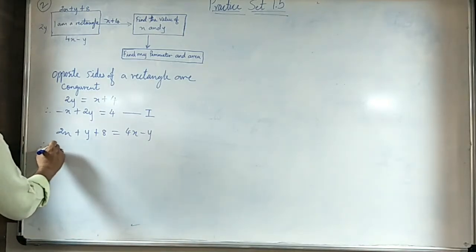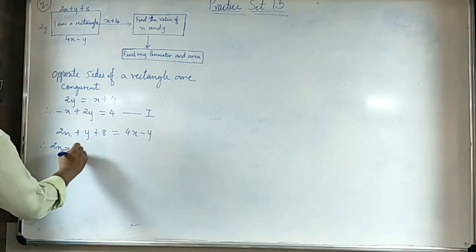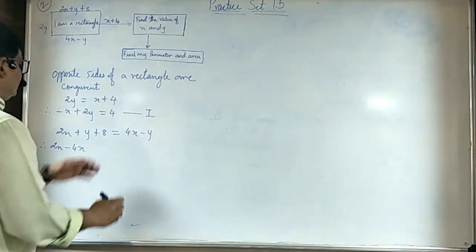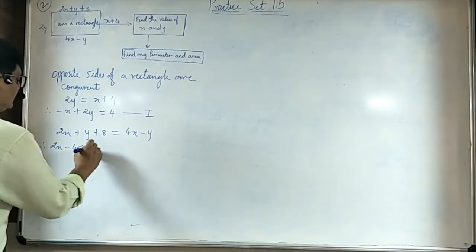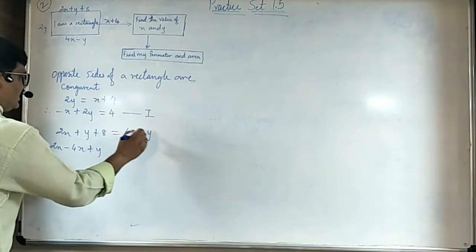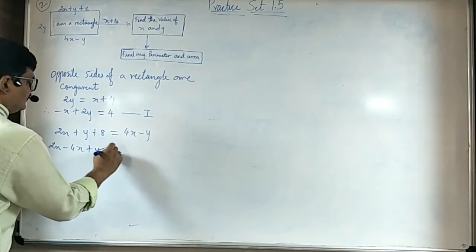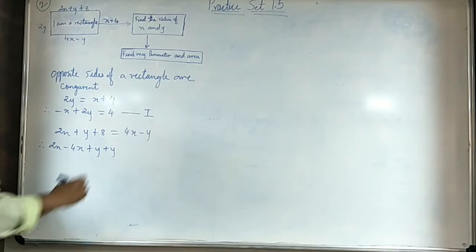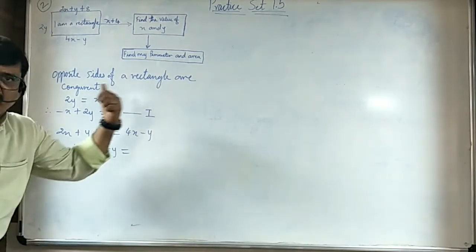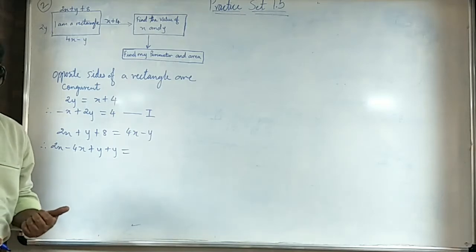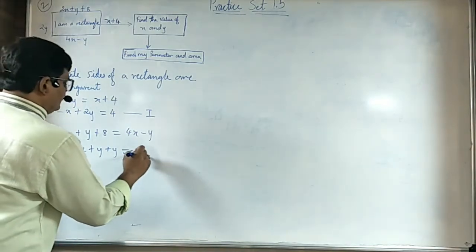So therefore it will be over here 2x and minus 4x. Can you see 4x on the right hand side? It will come to the left hand side as minus 4x. Plus y will remain there and minus y from the right hand side will come as plus y. The sign will change. And this 8 from the left hand side will go to the right hand side. When it goes to the right hand side, what will you be getting?